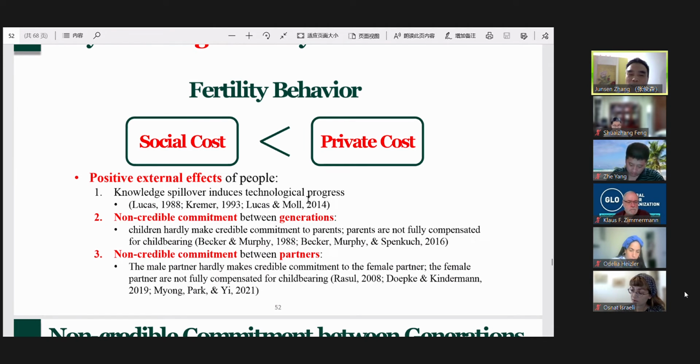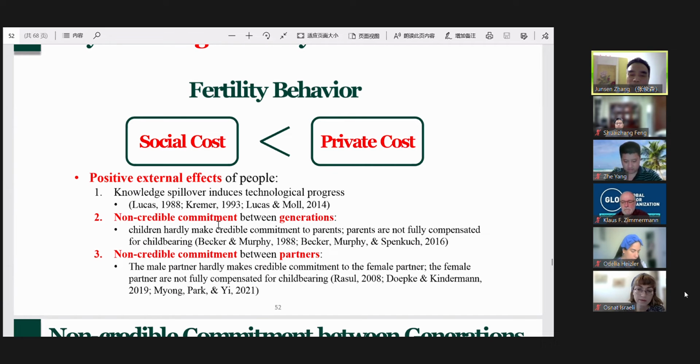The other one, which is more common, is non-credible commitment between generations, which means children cannot make credible commitment to parents. Parents have children, but they cannot sign a contract with unborn children. So parents are not fully compensated for childbearing. This is reason number one.